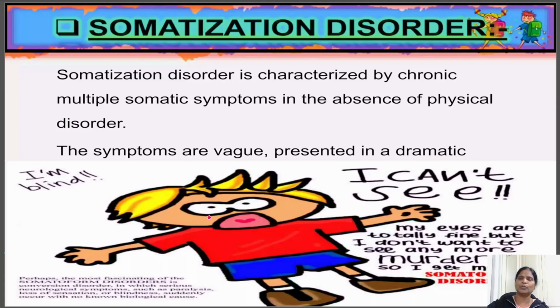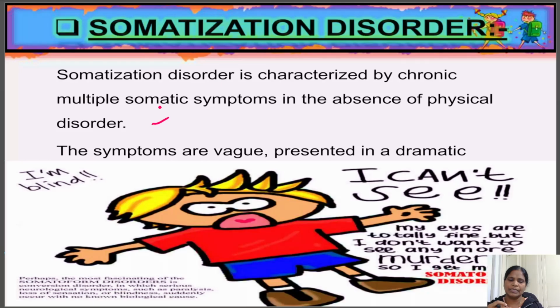First, we will look at somatization disorder. What is somatization disorder? It is a disorder characterized by chronic multiple somatic complaints in the absence of physical disorder. You can see the definition here. These chronic somatic complaints occur in different locations.